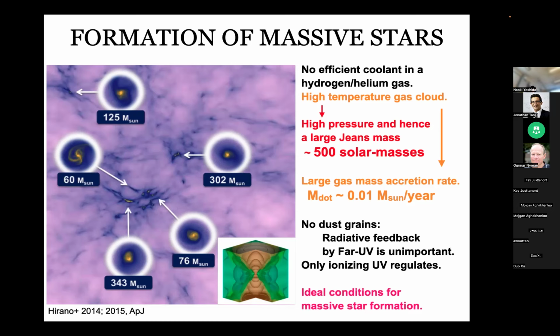Compared to the present day universe, the typical mass accretion rate is about 0.01 solar mass per year. So if you multiply by 1,000 years, you can easily get 10 solar masses. And also there are no dust grains or metals, so usual radiative feedback doesn't really operate. So this is what I call the ideal conditions to produce massive stars.